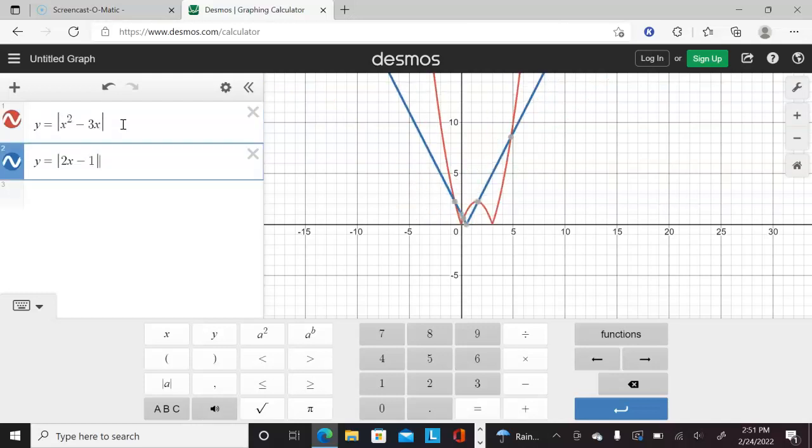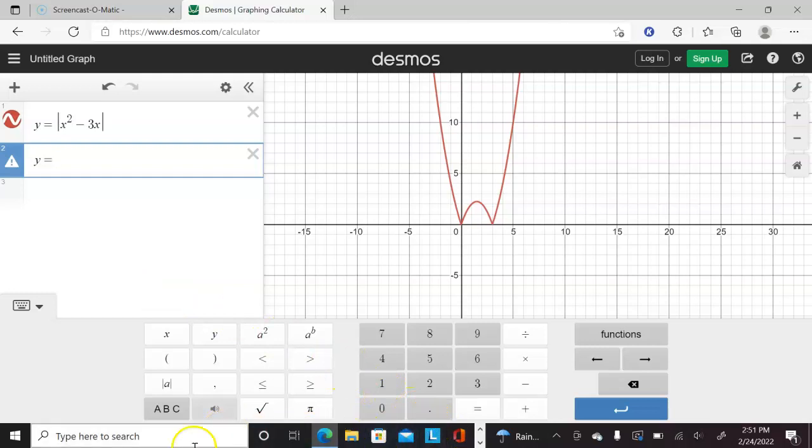All right, okay, see that little bounce? That's kind of cool looking. See? That's because of the absolute value. It can't go below 0. So it's like the quadratic all of a sudden tries to go down and it can't. It can't cross the x-axis.